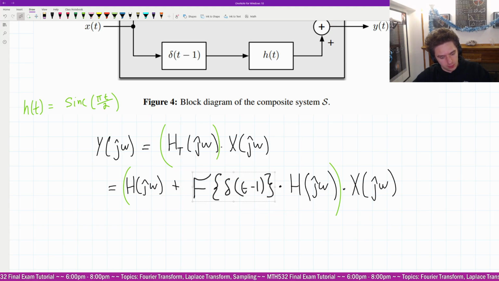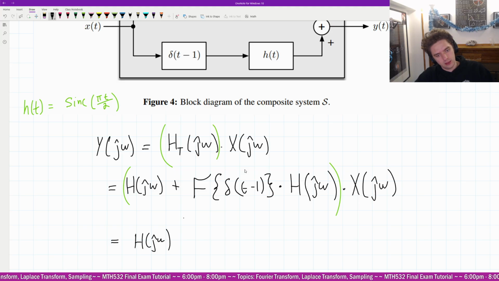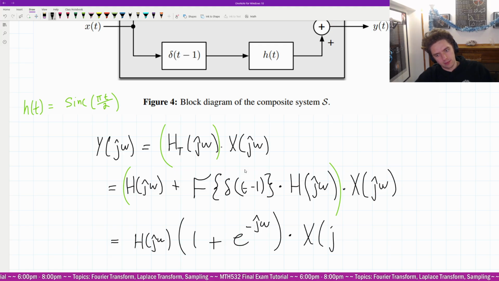What did I get before? Okay, yes. For the Fourier transform, if you have a time shift, you multiply by e to the negative j omega t naught. So I'm going to factor out H of j omega: H of j omega times (1 plus e to the negative j omega) times X of j omega.